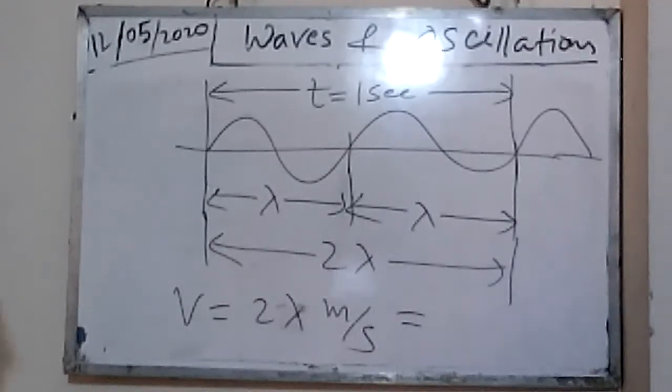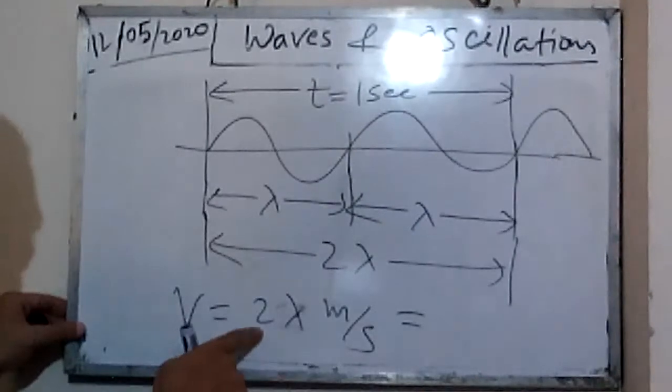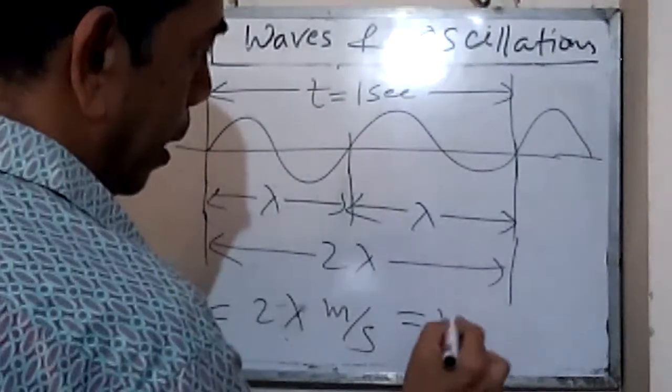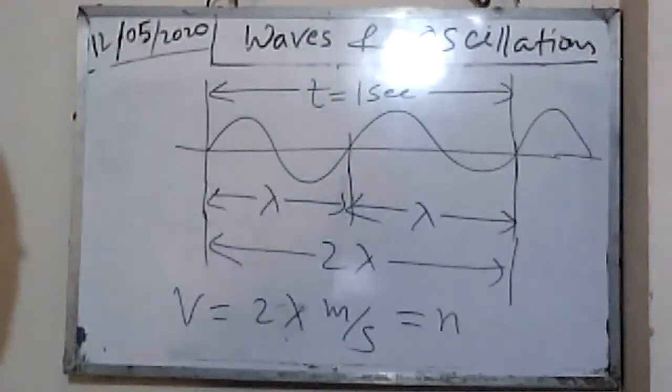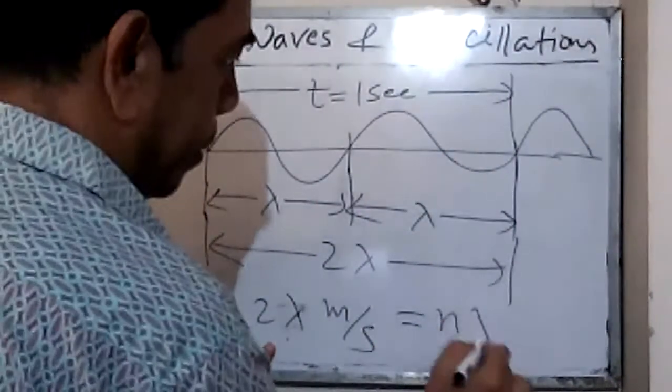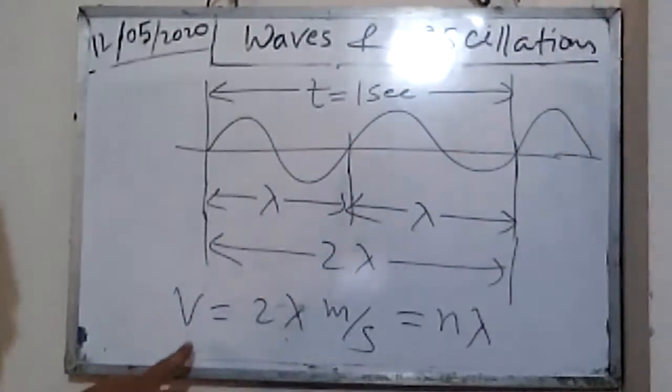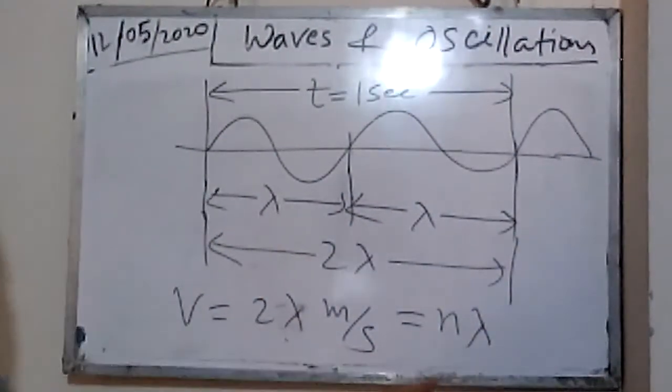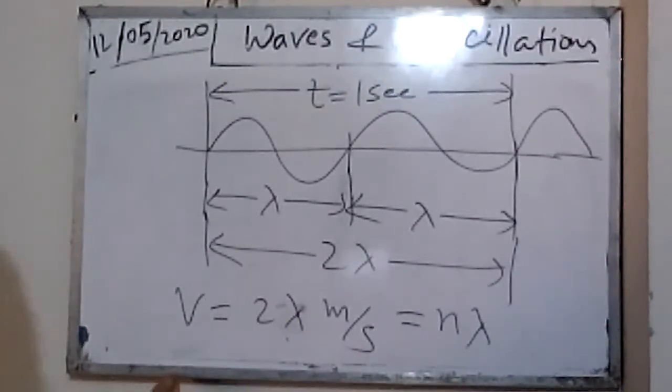Therefore the frequency of the wave is 2. So the frequency 2 means n. We denote the frequency by n and the wavelength by lambda. Therefore v equal to n lambda. V is the velocity of waves.